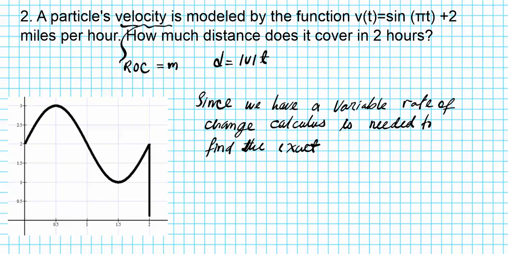Although at some points it's easy to use pre-calc, if you want to find the exact distance over any interval, then you always have to use calculus to find the exact distance.